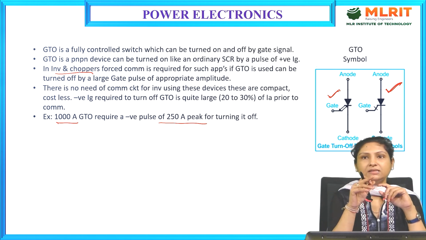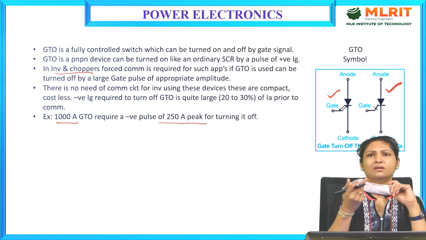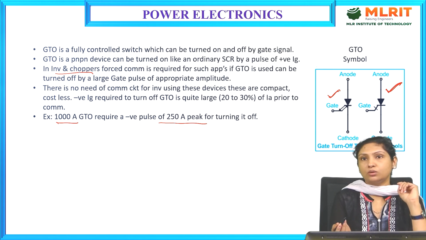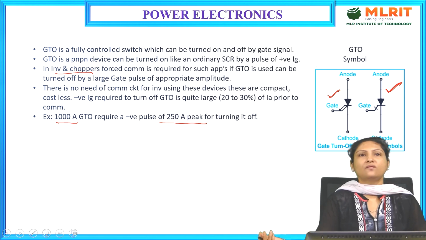In that case we can simply turn off the GTO, or otherwise we can apply about 20 to 30% of anode current, negative anode current, in order to turn off the GTO. So there is no need of a force commutation circuit in an inverter to turn off these GTOs.